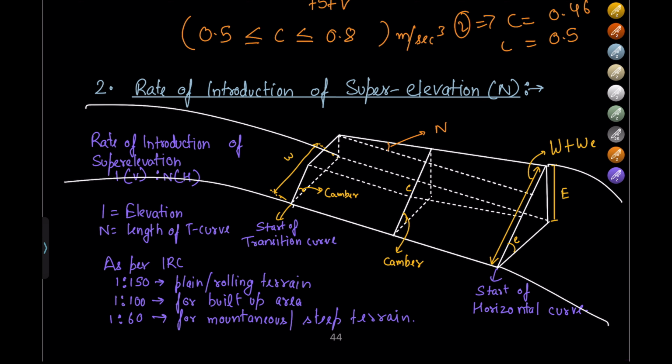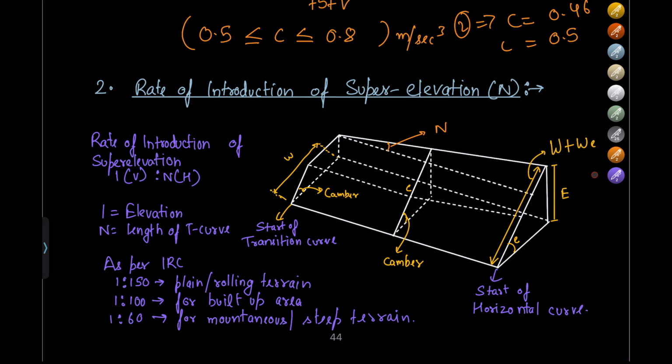Here, different cross sections of the road have been shown. This cross section, as shown in the previous diagram, shows the outside edge moved to a horizontal position, and the center line is used as the point of rotation for the pavement.